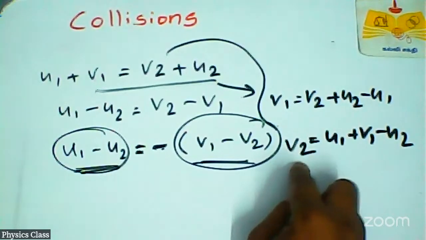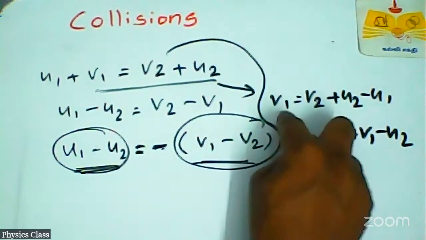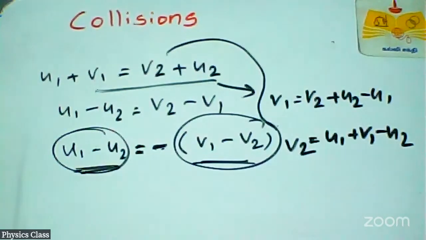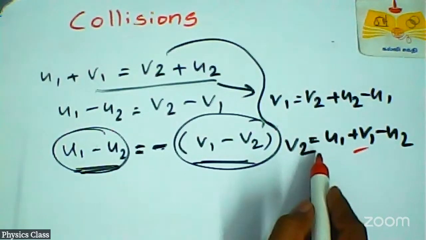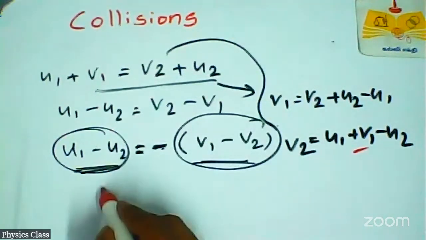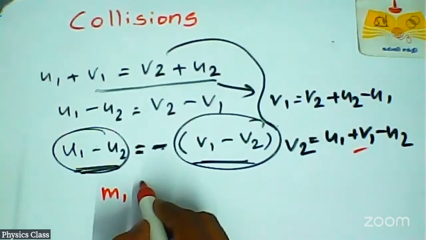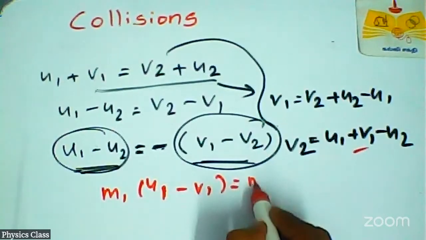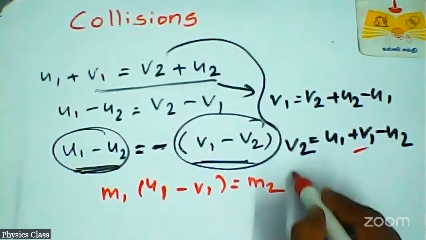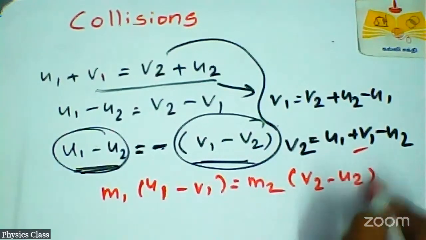So to find the final velocities v1 and v2, we already have some equations. We can put this v2 expression into m1 times u1 minus v1, because we got m2 times v2 minus u2.